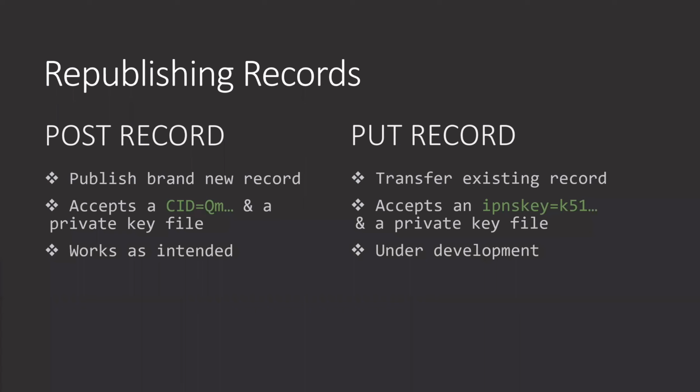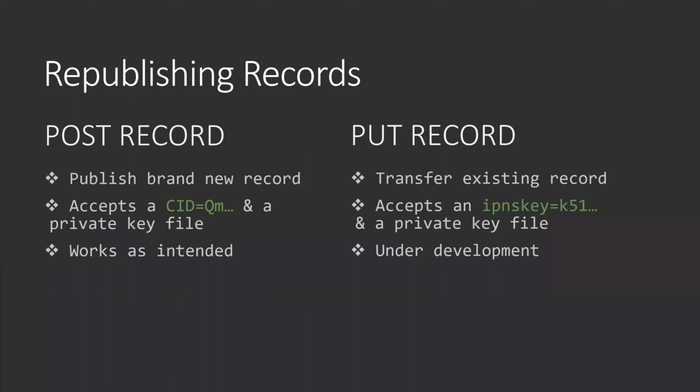But this is not enough for the node to know that it is meant to do the republishing. The node would have to be the original publisher to be able to automatically publish the record. Along with that come extra problems that I don't want to get into in this video, but I encourage you to look at the GitHub issues that I have online and engage with me there.